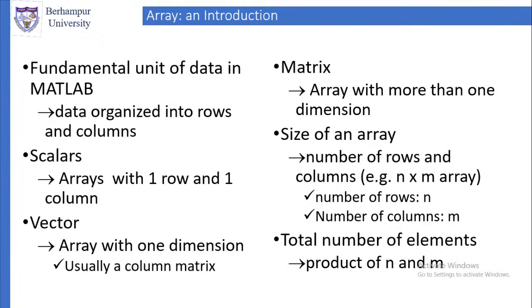But when you are representing a particular element of the array, it is the opposite. First comes the column number, then the row number. We'll see that in an example. The total number of elements in a matrix is the product of n cross m. N times m always gives you the total number of elements in the matrix.